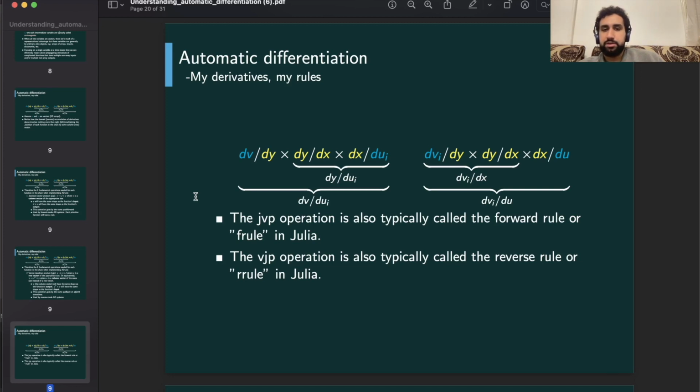Then different AD packages just use and reuse these rules defined in one place, and that basically separates the rules from the implementation of the AD system. If you have to define this in ChainRules, then the names typically used for these operations are the forward rule or frule for the Jacobian vector product, and the reverse rule or rrule for the vector Jacobian product, right? And so that's another name that's perhaps a little Julia specific for these operations here.